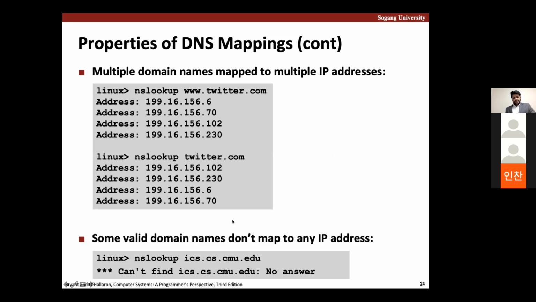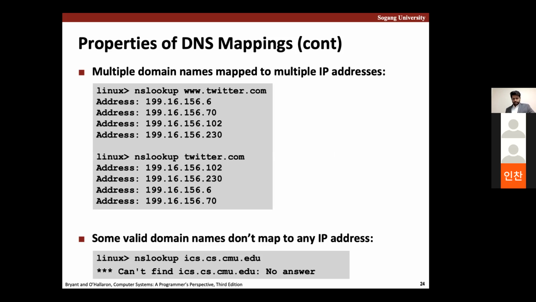In another case, which is the most commonly used, we have multiple IP addresses mapped to a particular domain name. For example, twitter.com has multiple IP addresses mapped to it.